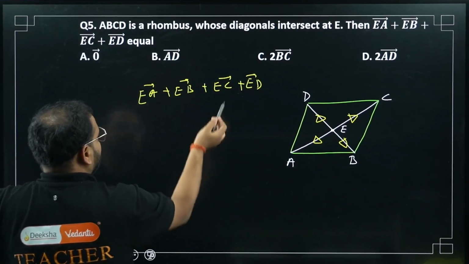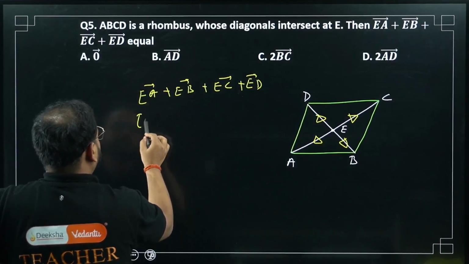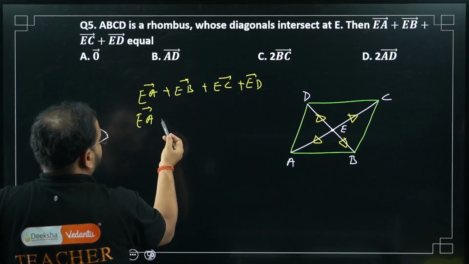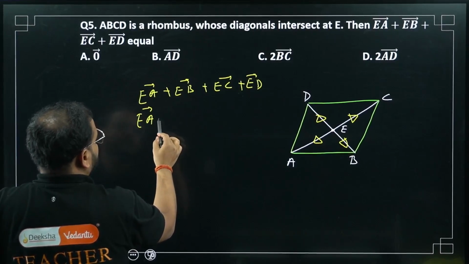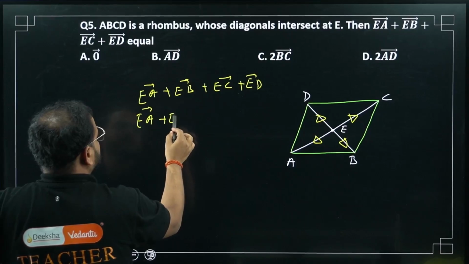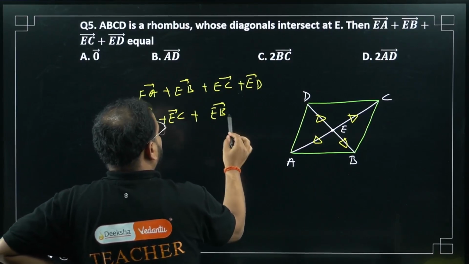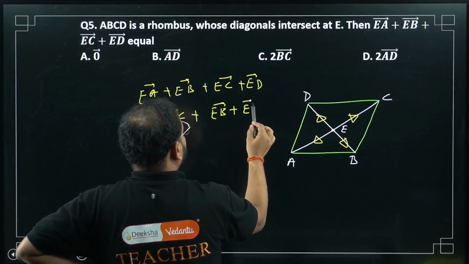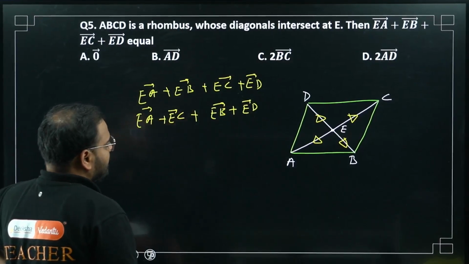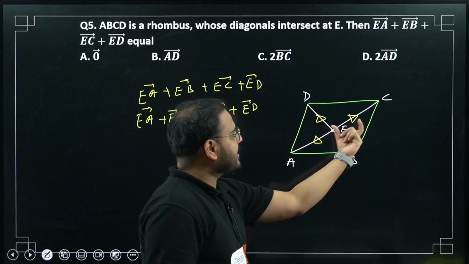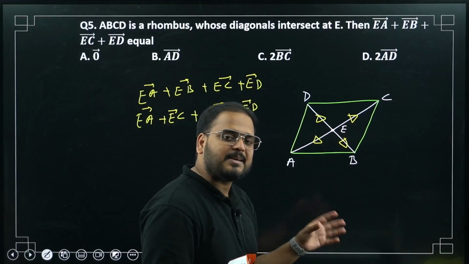Do one thing: club EA and EC together, and then club EB and ED together. Now understand this: AE and EC lengths are equal, because the diagonals of a rhombus bisect each other.